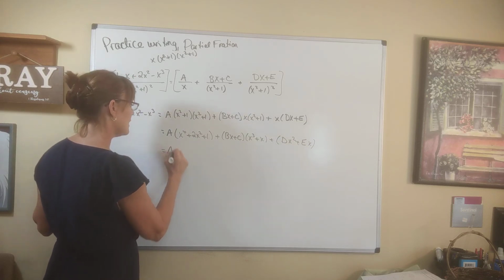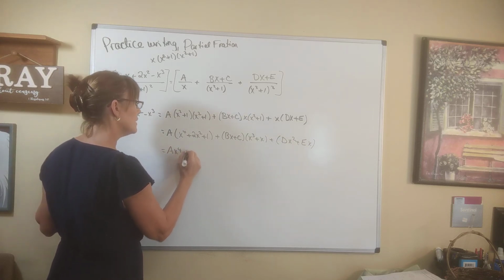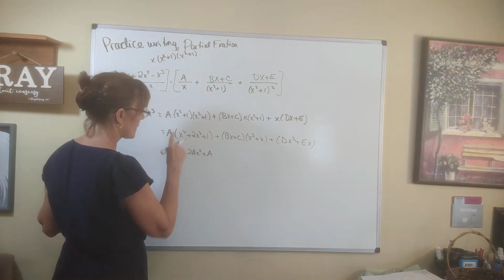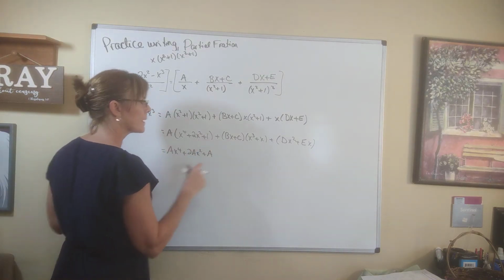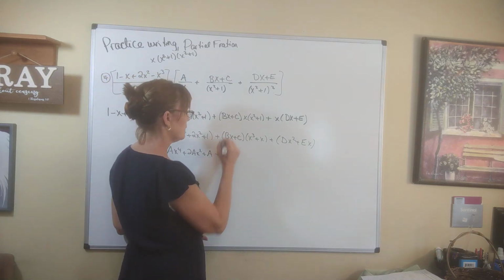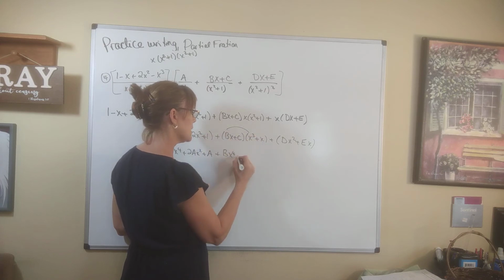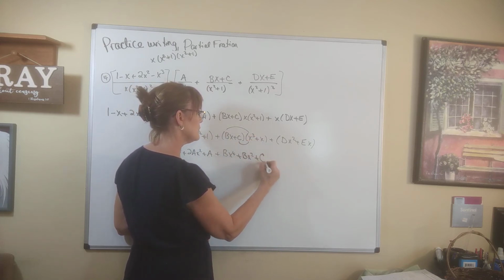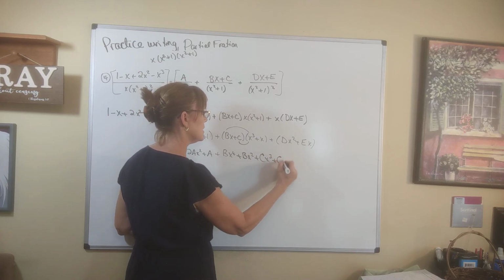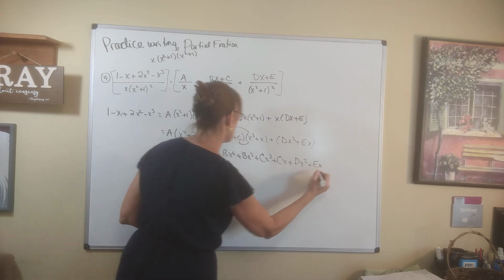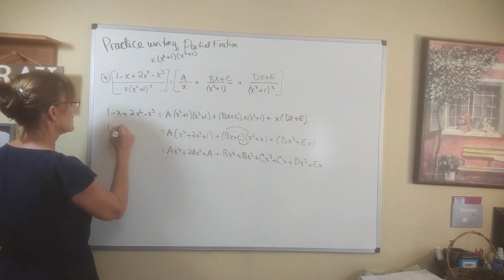Distribute the a: ax to the 4th, 2ax squared, a. Multiply this together. bx times x cubed is bx to the 4th. bx times x is bx squared. cx cubed, cx, dx squared, dx. All right, all over here, same thing.